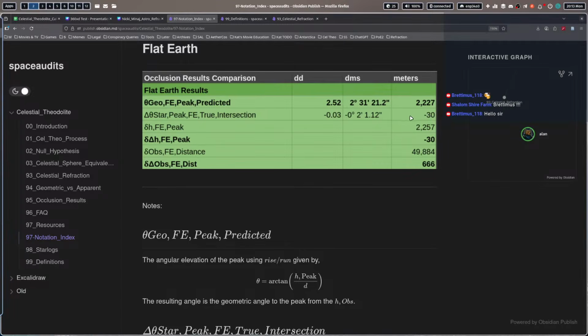If you could bring it down to scale, what it would look like is that the true position of the star was off of the peak by 2 arc minutes, which created a 30-meter separation, if you were to convert that angular amount into a meter separation. It's easier for me to think about this in that way. So a lot of these you'll see converted into meters, so you can do an elevation comparison.